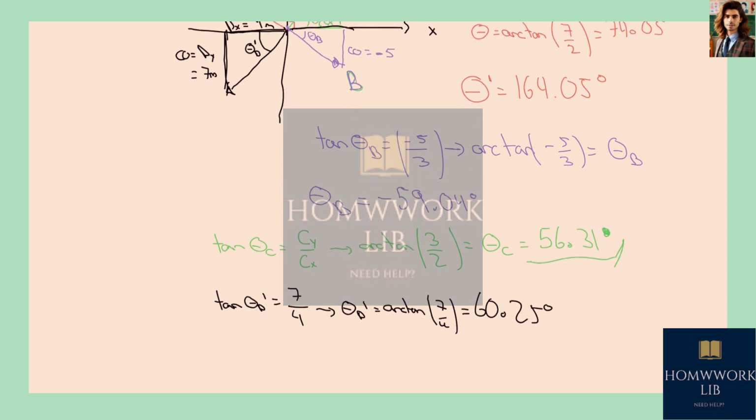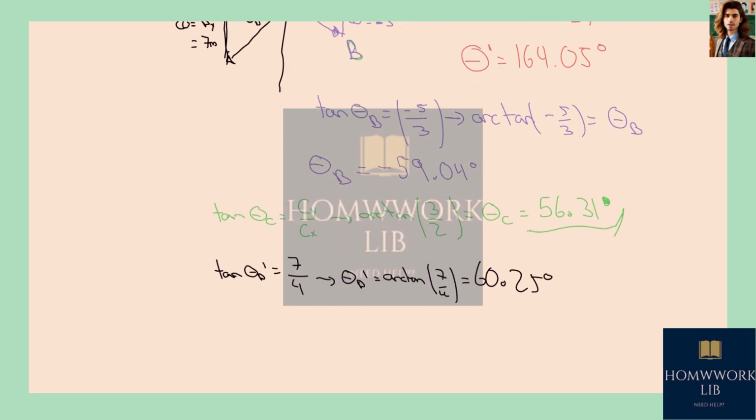Now, to find the true angle, the one that we actually care about, theta D, the actual angle, is going to be equal to theta D prime plus 180 degrees, which gives us 240.25 degrees.